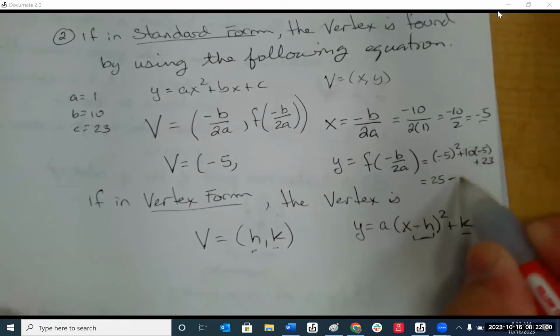And there's our second point. That's why they call it the axis of symmetry. Whatever point is to one side of it, it's the mirror image on the other side of that line. It's 5 spaces in either direction.